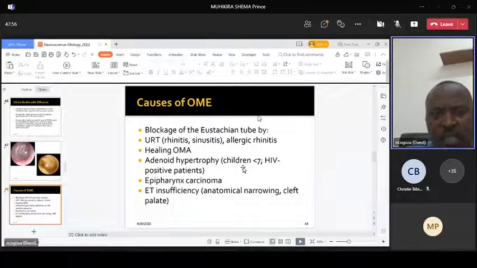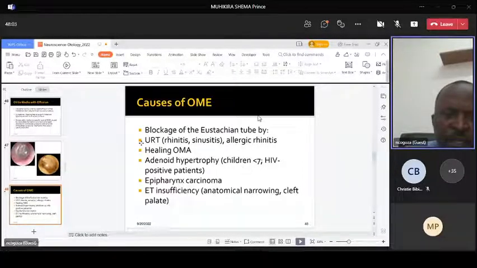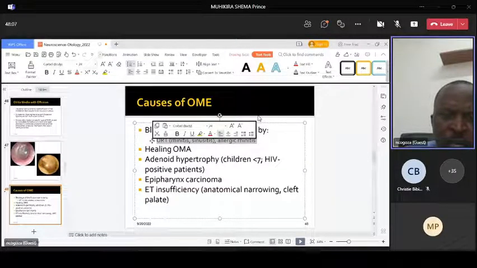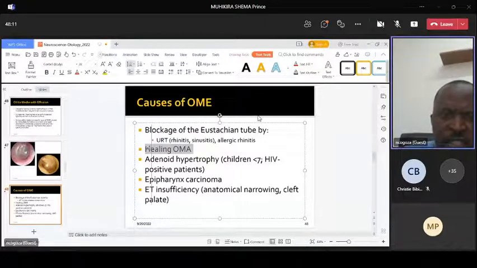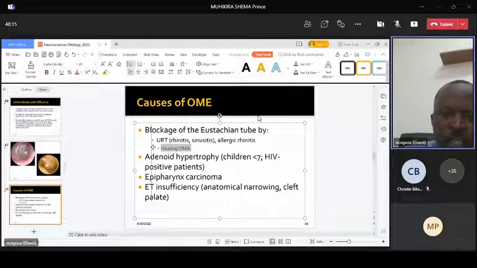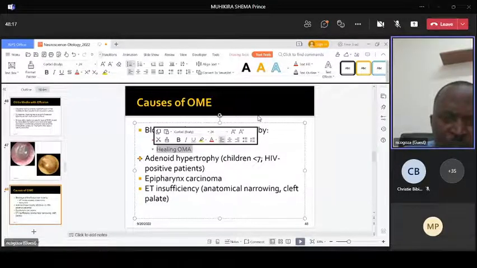So, as I said, there is a blockage of the eustachian tube caused by upper respiratory tract infection, allergies, non-healing acute otitis media, or adenoid hypertrophy.